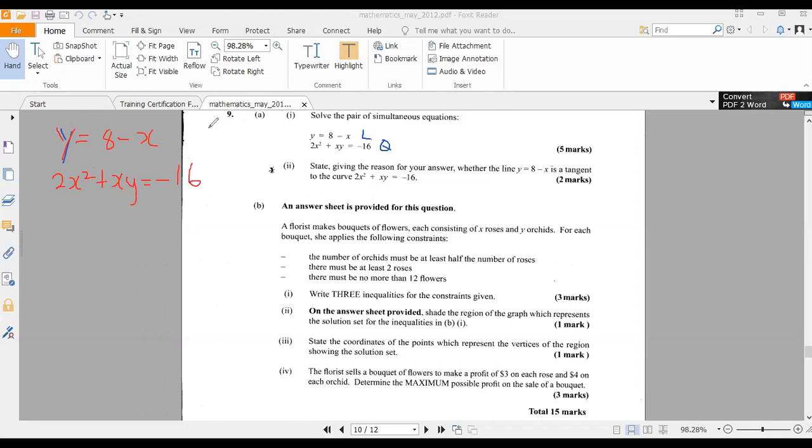We name this one equation 1 and this one equation 2. Now remember that we are going to substitute. Since the y is standing by itself, I'm going to substitute equation 1 in equation 2.